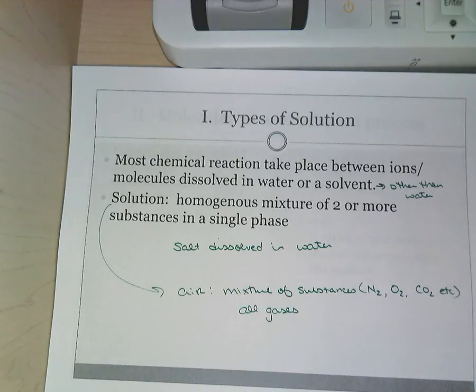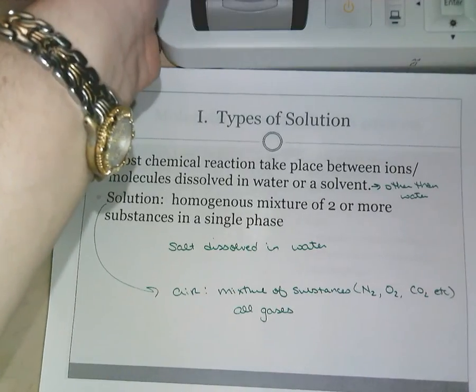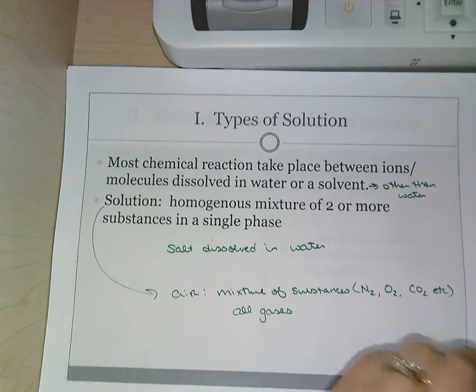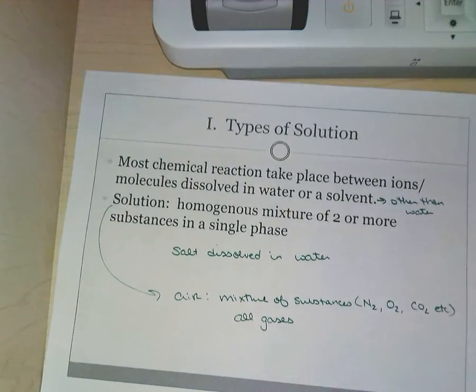They're all gases, all mixed together. So when we talk about solutions, we are concerned with what is going on at the molecular level, and then how do we know how much we have of all the different components in the solution.